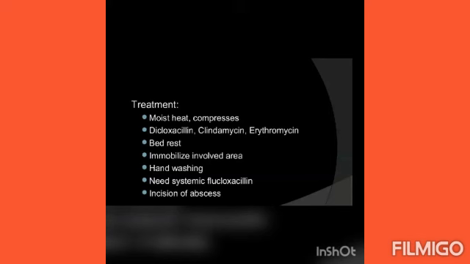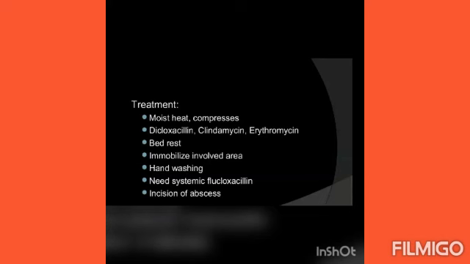Then hand washing and personal hygiene are very important. Then there may be a need for systemic flucloxacillin, that is an oral antibiotic. Okay, and in case of severity there is a need for incision of the abscess, or incision and drainage of the abscess, so that will help to relieve the symptoms.